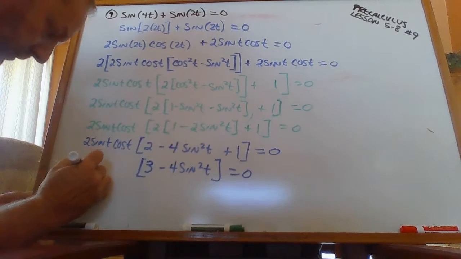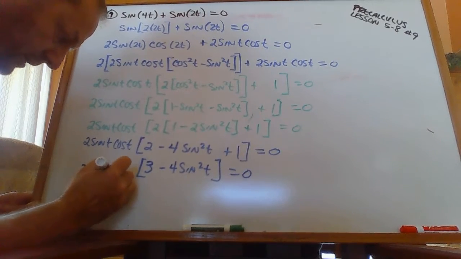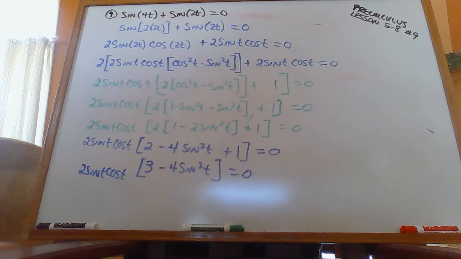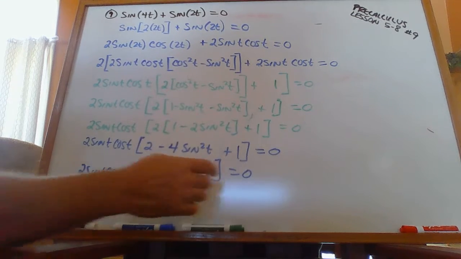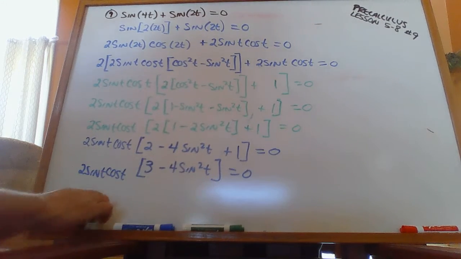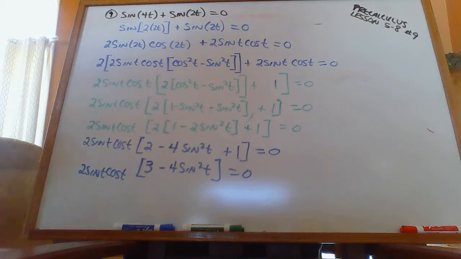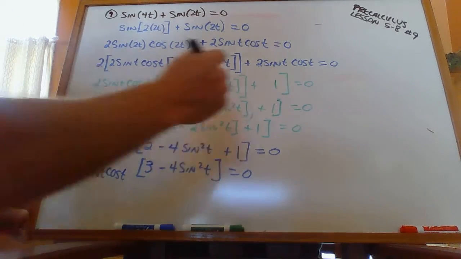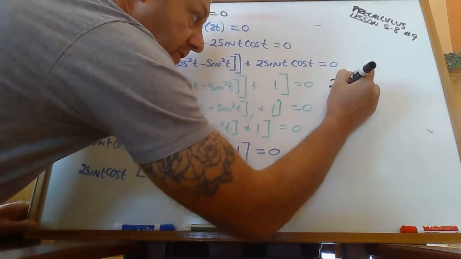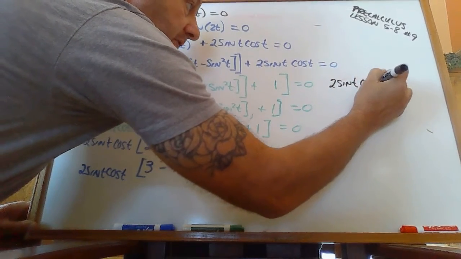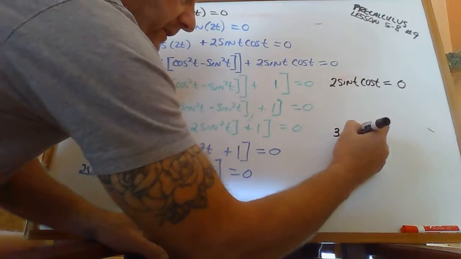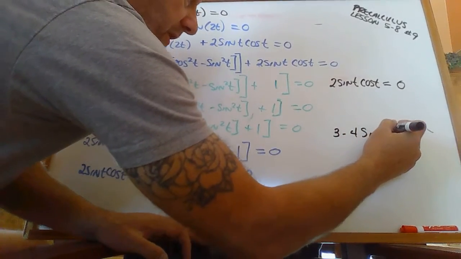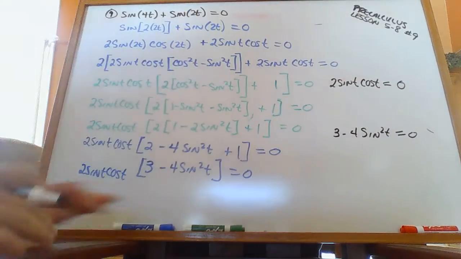And over here I get 2 sine t cosine t. Okay, at this point, this is going to break up into 2 separate problems now, because I've got this times this equals 0, which means either this is 0 or that's 0. So I can break this thing up into two separate problems. 2 sine t cosine t equals 0. And 3 minus 4 sine squared t equals 0.